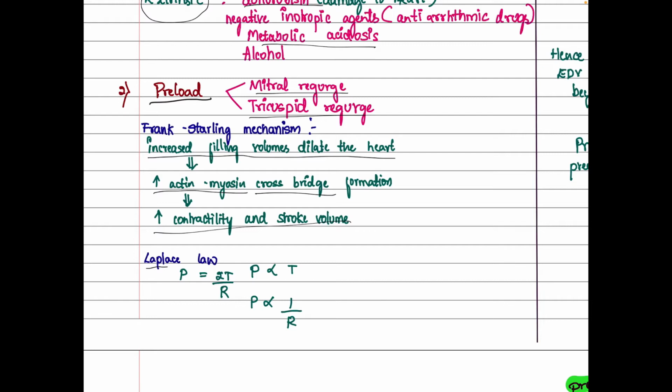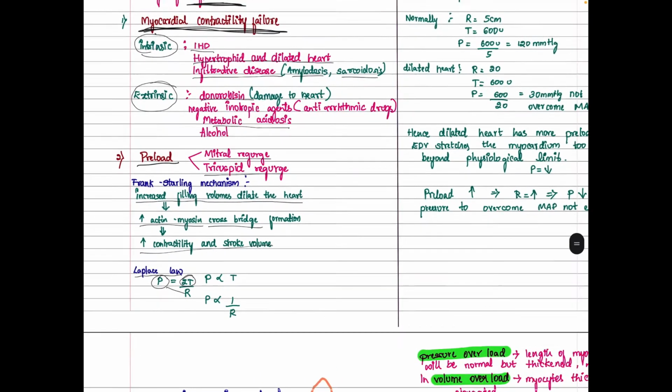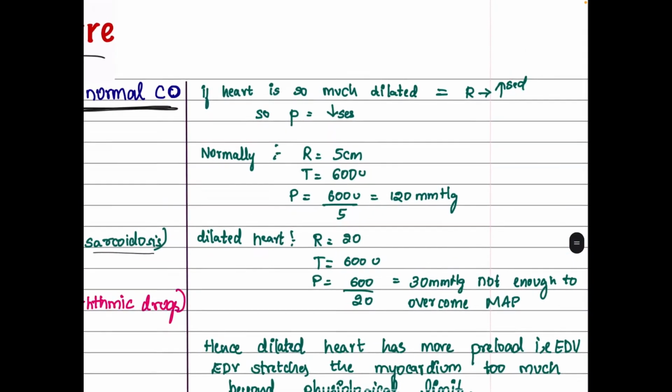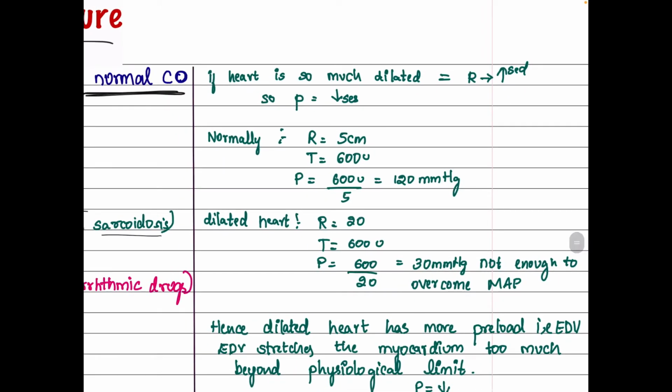And as Laplace's law states, pressure is directly proportional to tension and inversely proportional to radius. Now let's apply this concept. If the heart is so much dilated, which is one cause of low output failure, the radius will be severely increased.